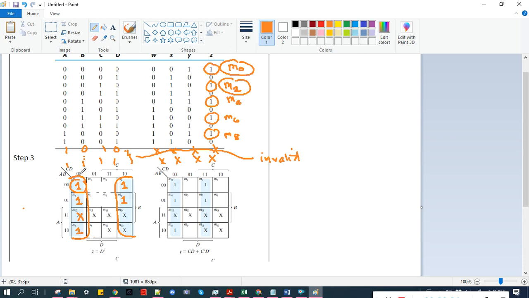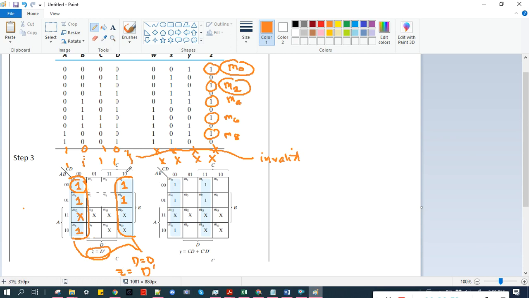It's the 0, which is D equals 0, right? If you write it in function form, that's D prime, so Z equals D prime. So I wrote here Z equals D prime.